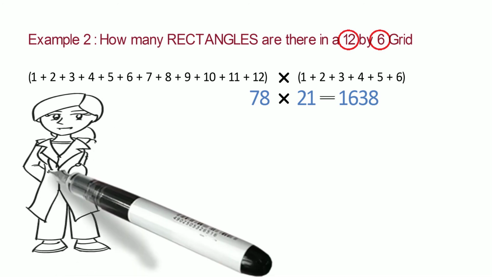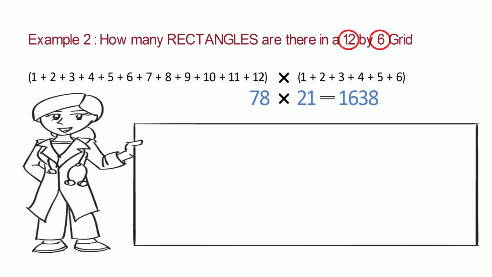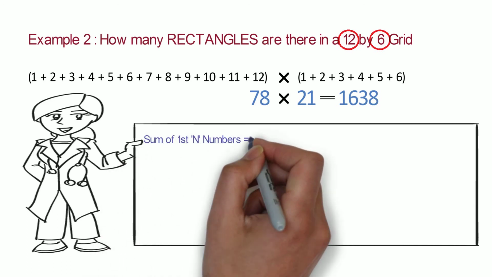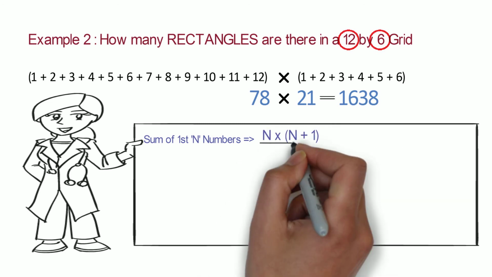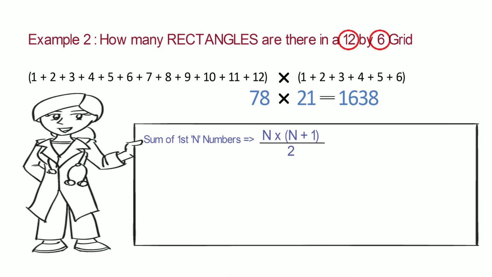In the last tutorial, we saw the formula for finding the sum of the squares of the first n numbers. Today we will use the formula for finding the sum of the first n numbers, which will come in very handy when we will try to find out the number of rectangles in higher dimensional grids. The very simple formula is n into n plus 1 divided by 2.